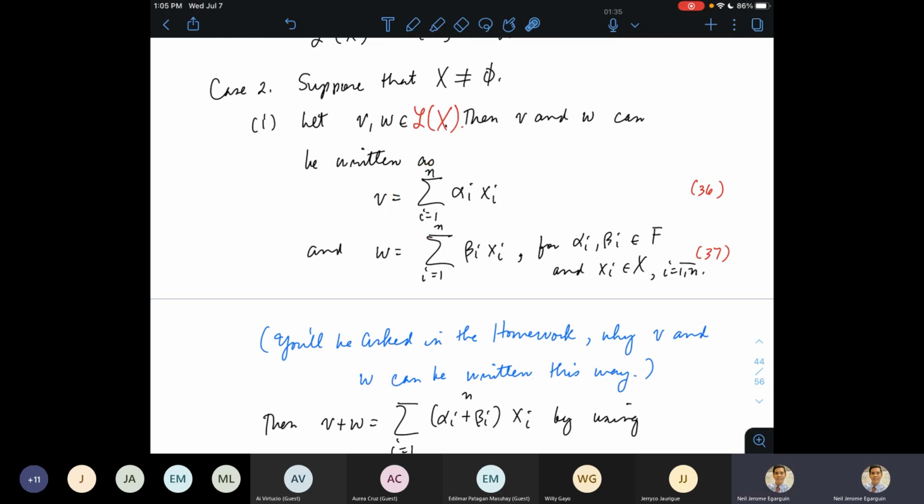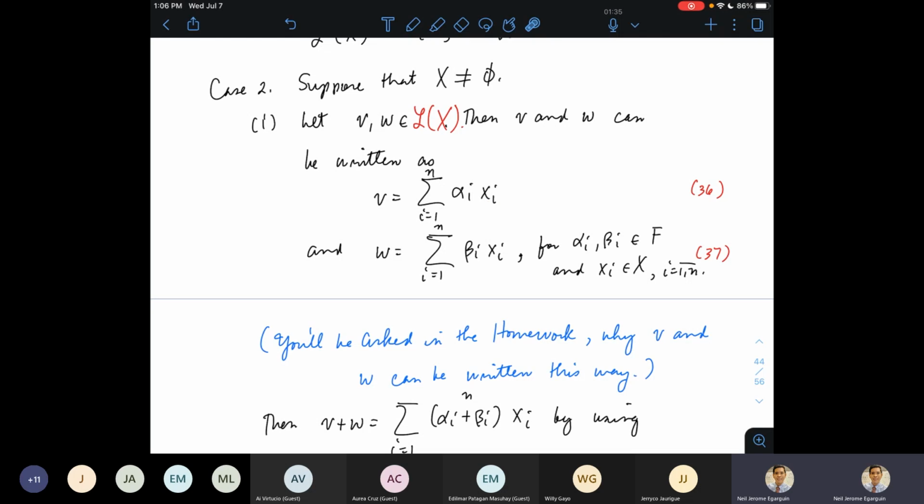I will use n elements of capital X, pair them up with scalars alpha 1 until alpha n, and then I'm going to use x1, x2 until xn. I suppose those are the elements of big X that can generate V. But look at equation 37. I am claiming that W, another generic vector, can be written as a linear combination of the same x sub i's that I used to generate V, because the notation is the same there, right?